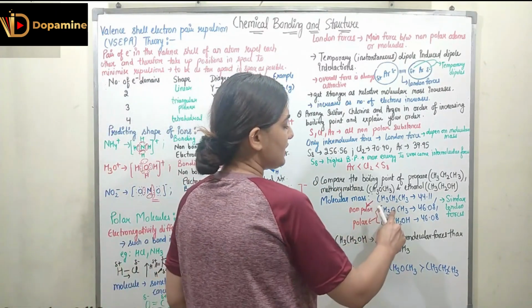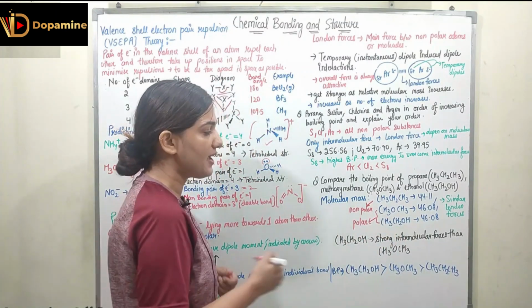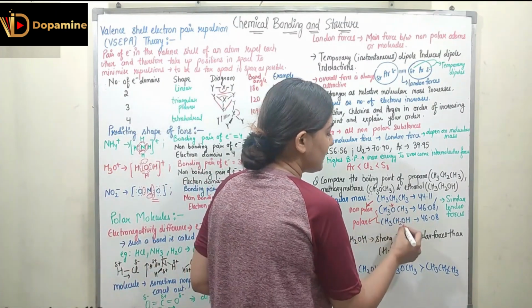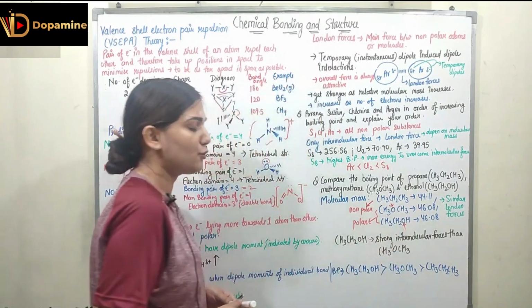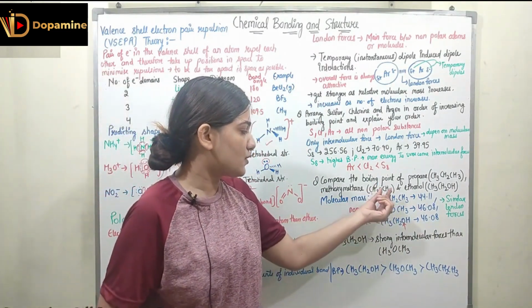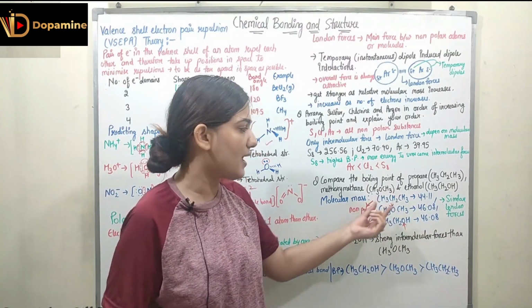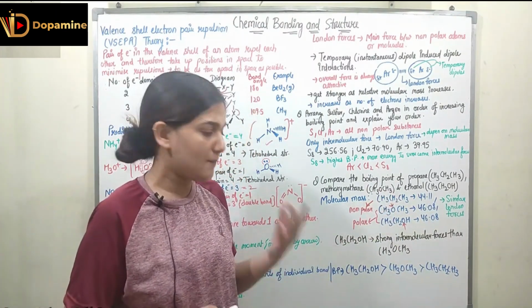Now coming to CH3OCH3 and CH3CH2OH. In both of them we have a highly electronegative atom, oxygen, due to which they become polar. So the weakest forces, only London forces, would be in propane. So propane would have the lowest boiling point.